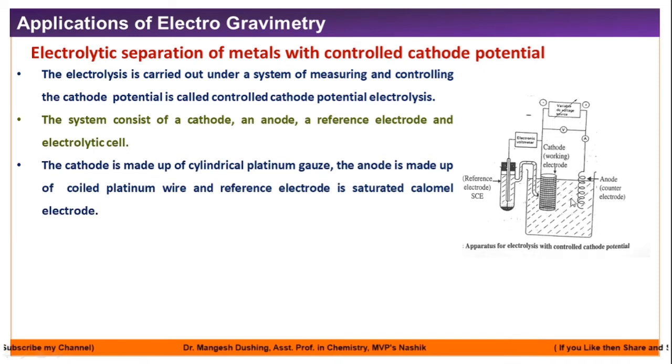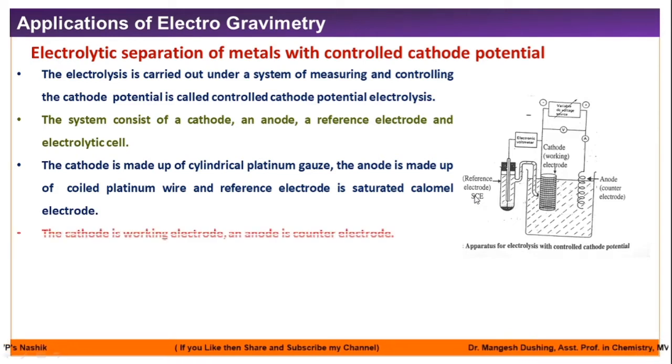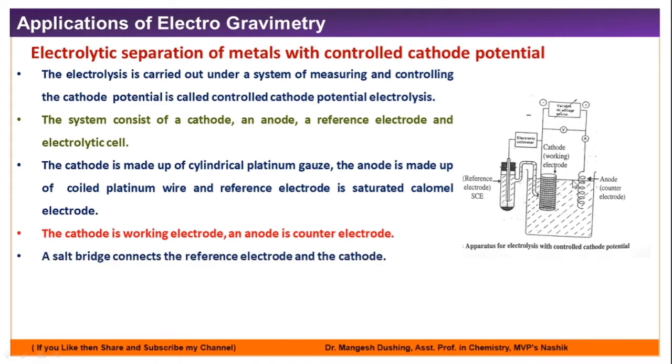The cathode is made up of cylindrical platinum wire gauze, that is platinized platinum gauze. The anode is made up of a coil of platinum wire, and the reference electrode is a saturated calomel electrode. The cathode is the working electrode while the anode is a counter electrode.